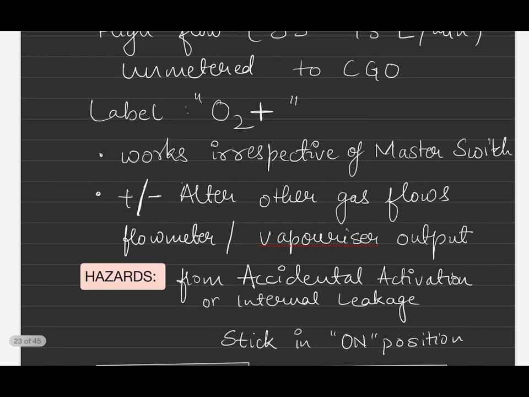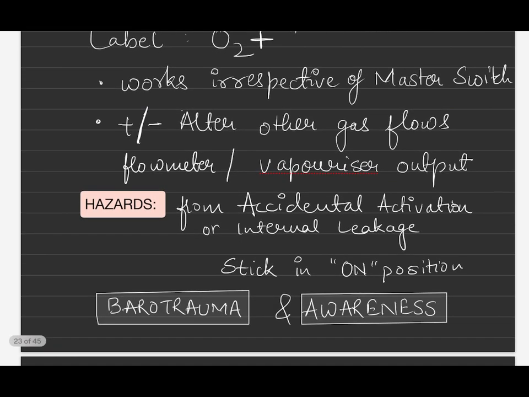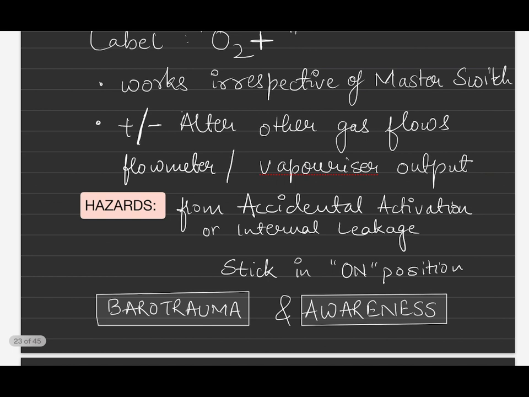So the disadvantage is that it alters other gas flows. It can alter the flow of the flow meter, it can alter the flow of the vaporizer, it can cause back pressure, it can generate positive pressure inside the circuit, and it can dilute the anesthetic gases.